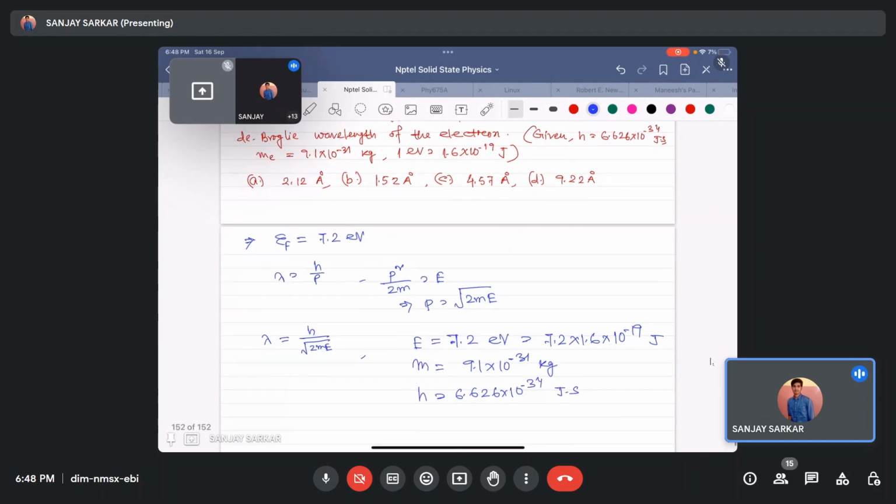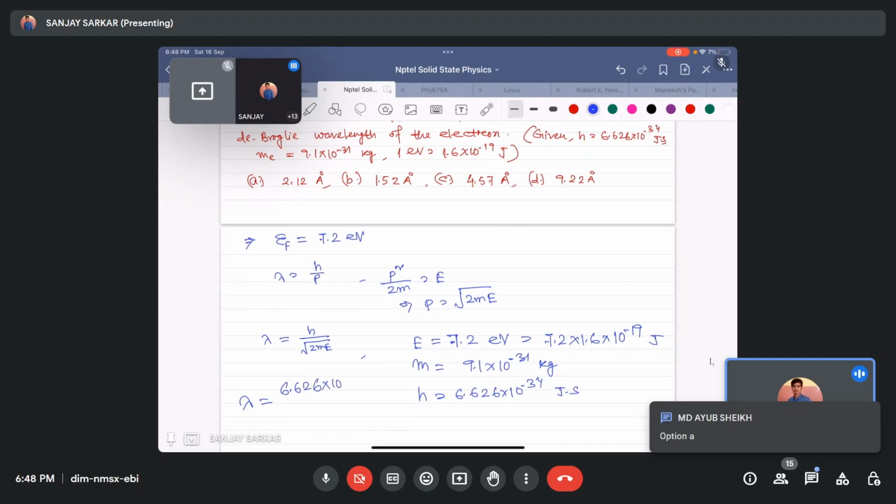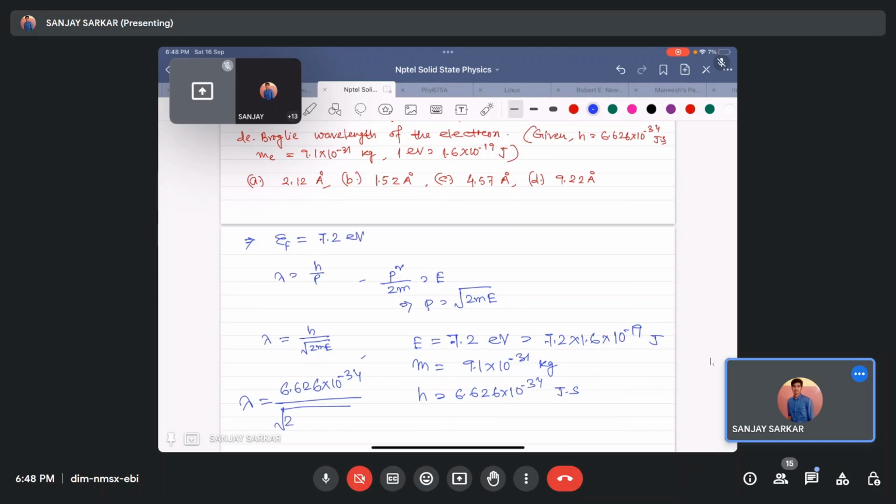So put these values in the formula. So you will get lambda equal to 6.626 into 10 to the power minus 34 divided by root over of 2 into 9.1 into 10 to the power minus 31 into E, which is 7.2 into 1.6 into 10 to the power minus 19 joule.